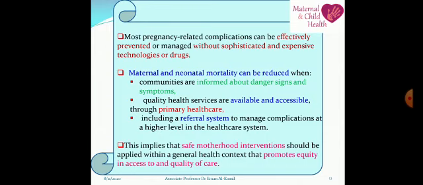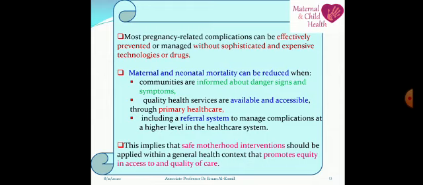Maternal and neonatal mortality can be reduced when communities are informed about the dangers and signs and symptoms. It is important to inform the healthcare services or the DAIs about the danger, and we should inform them about the signs and symptoms which may be related to danger or complications during delivery or pregnancy.